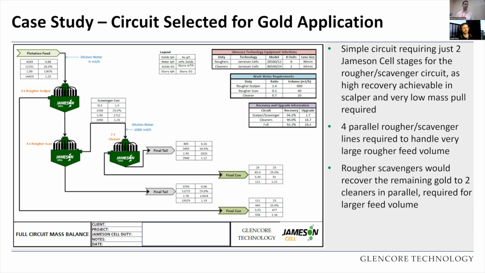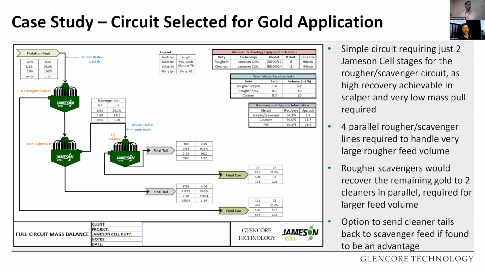And then we needed 2 of our B6500 cells in parallel to treat this. But this also worked out well with the 4 rougher scavenger trains, where 2 trains would have a single cleaning stage treating the concentrate from that scavenger. This would obviously produce the remaining final concentrate.